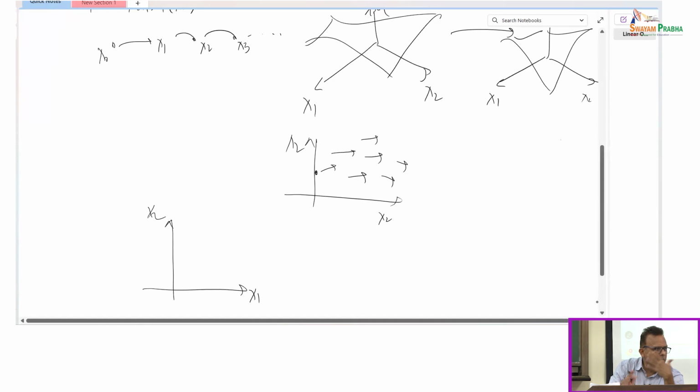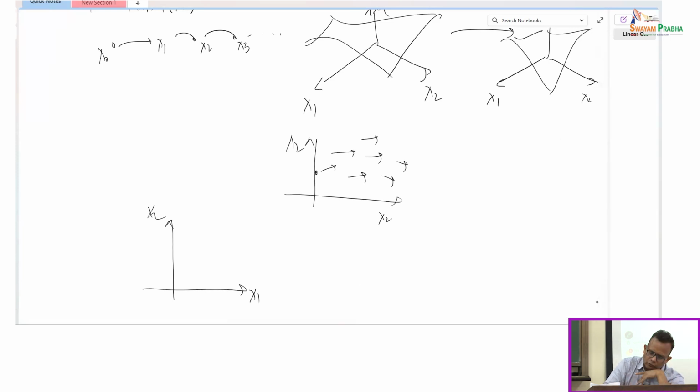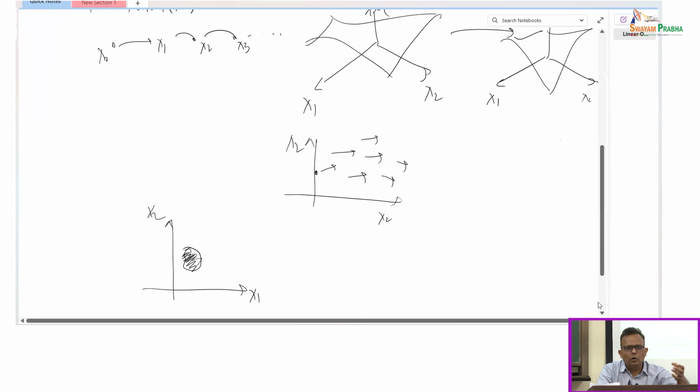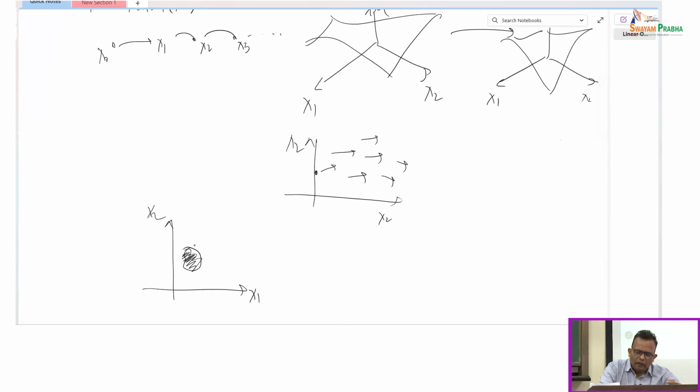I'm not going to draw it, just imagine that there is an underlying flow field, but I put some color dye, let's say a red color dye. It will be something like this: you put a small red ink drop, and then you can ask, what will be the fate of this dye?